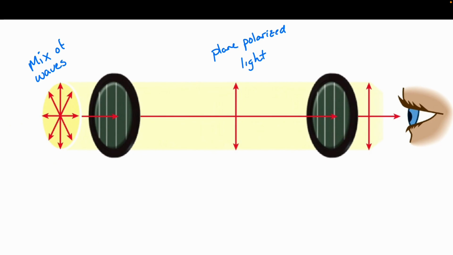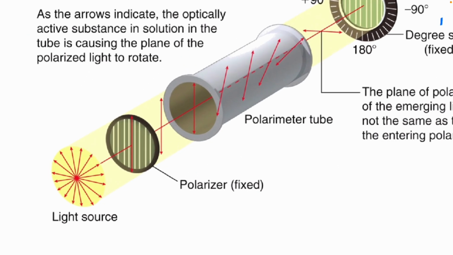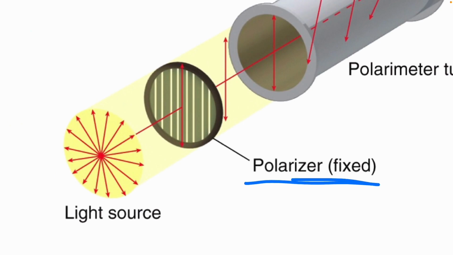So, how the heck does this have anything to do with chirality? It turns out, if you take a light source and you put it through one of those filters, what you get out is just that plane polarized light.